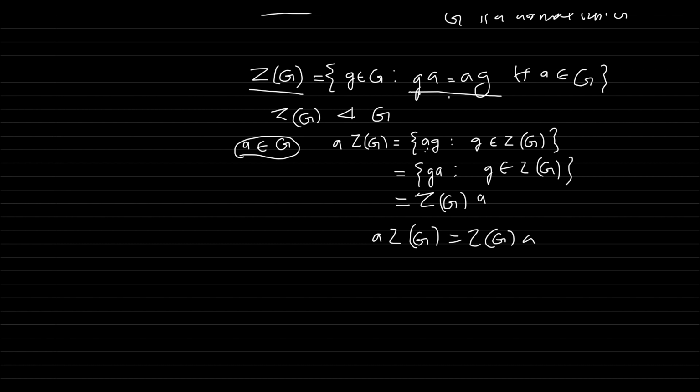Next we are going to prove that the alternating group, what is the alternating group? It is An, which contains all even permutations in Sn. So the alternating group is a normal subgroup of Sn. For any n greater than or equal to 3, An is a normal subgroup of Sn. An consists of all even permutations in Sn.